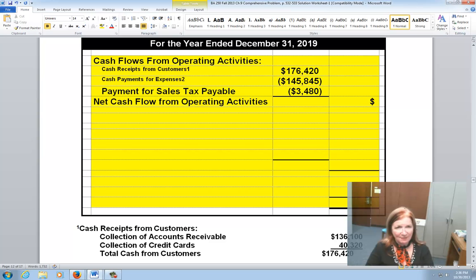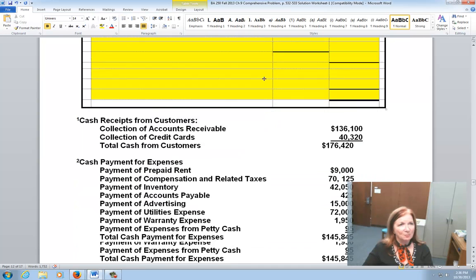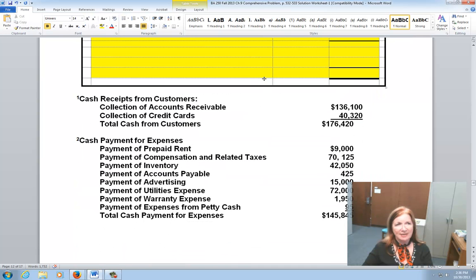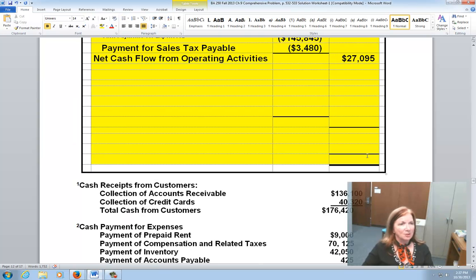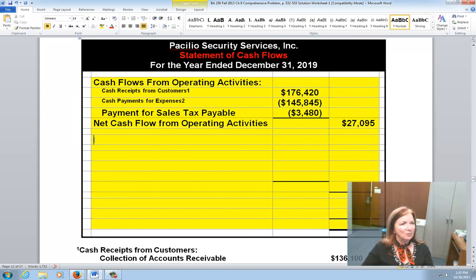So I'm going to sum those, and I'm going to get $27,095, and that's the total cash flows from operating activities. Those are supported by these two schedules down here. And you would have a schedule for compensation and related taxes someplace else.